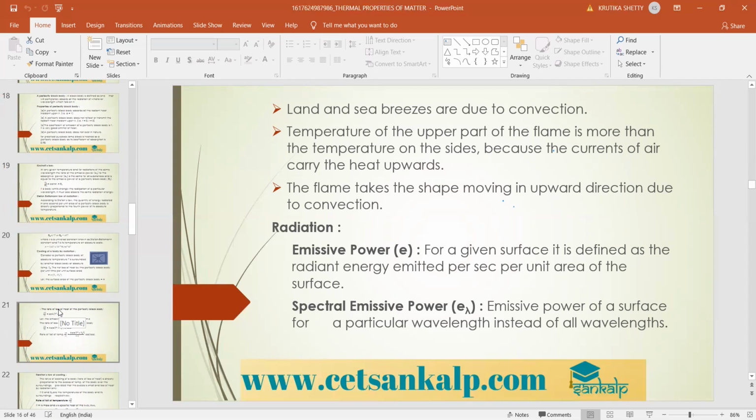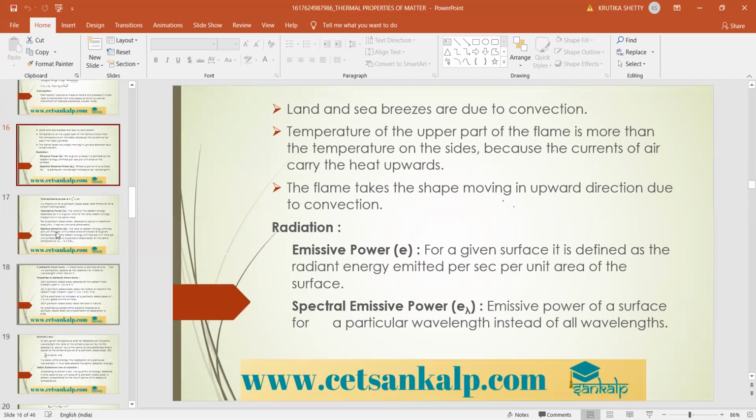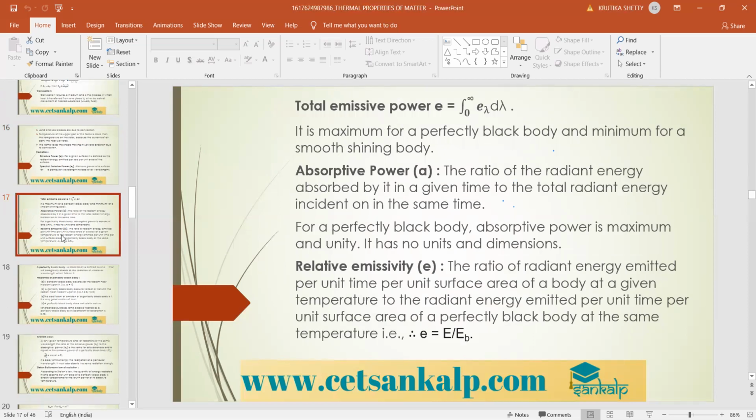Emissive power of a surface for a particular wavelength instead of all wavelengths is spectral emissive power. It is denoted by E lambda. Total emissive power is the maximum for a perfectly black body and minimum for a smooth shining body.